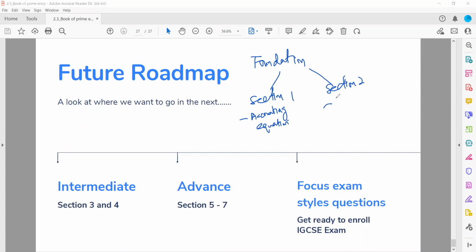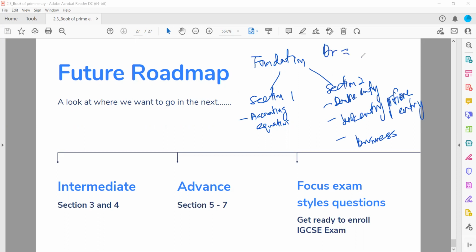In this section, you learned what a double entry is, what a book of prime entry is, and then business documentation. So this is a foundation. You must understand how to do the recording of debit and credit, and must be clear that debit is equal to receiving from the account header point of view, and credit is equal to giving out. So there is some basic knowledge about accounting that you have gone through with me.